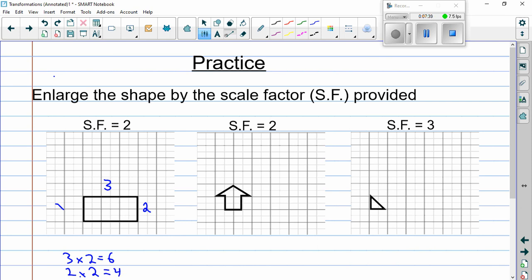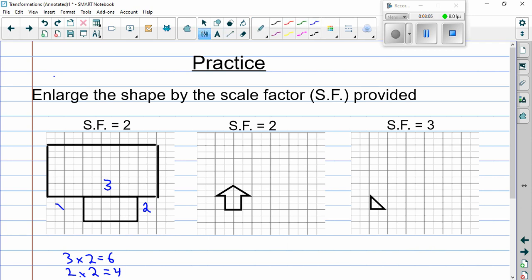So our new shape should be 6 wide and then 4 up and down. So 1, 2, 3, 4, 5, 6, and then 4 up and down. Once we're done that, we can just connect our shape to make a rectangle.